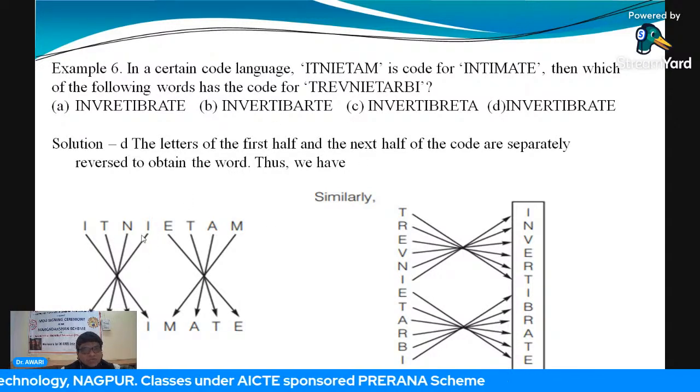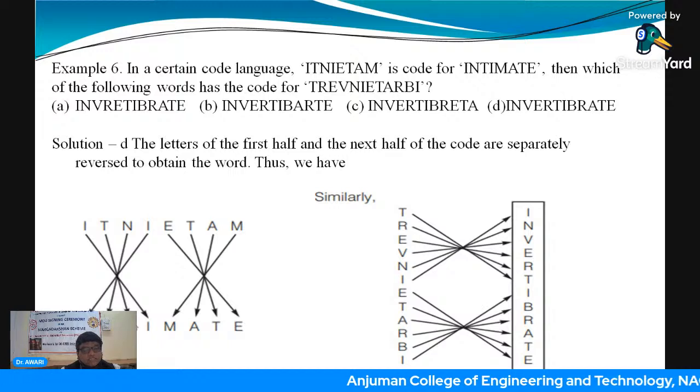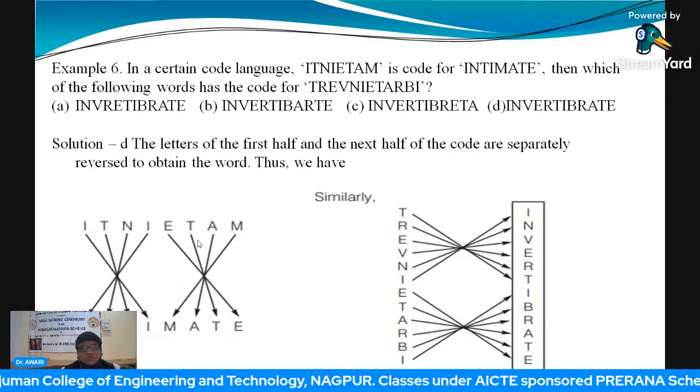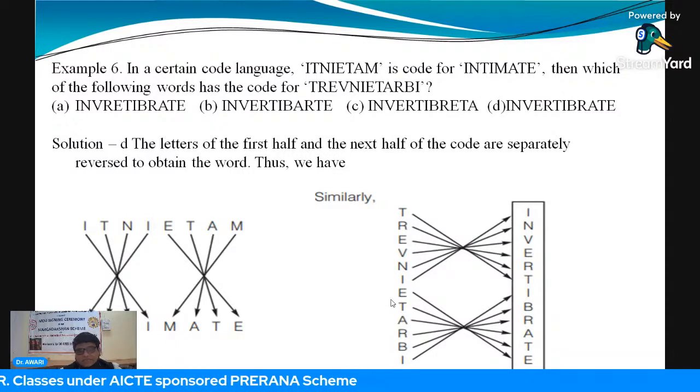What is being reflected here? ITNI is reversed, also shown in the reverse order. ITNI: both sides I is there, only the position of T and N changes. ETAM: here the E and M positions are being changed.